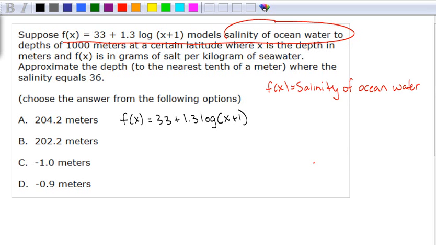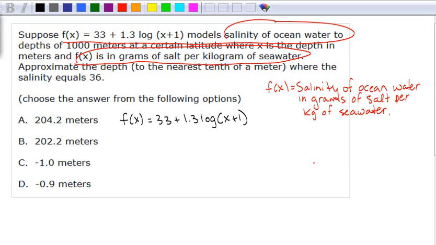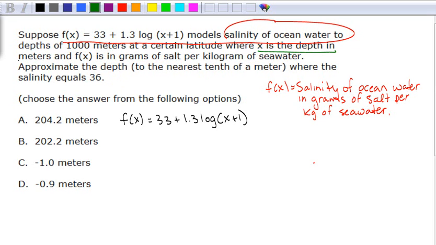By the way, the units they also tell us right here: f of x is in grams of salt per kilogram of seawater, so let me write that down. And what is x? X is kind of hidden, it's the depth in meters. So let's go ahead and write that.